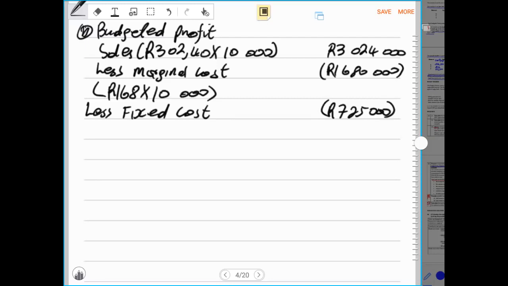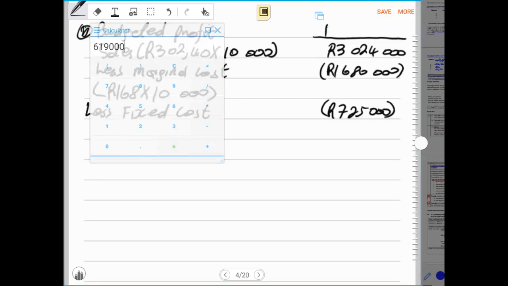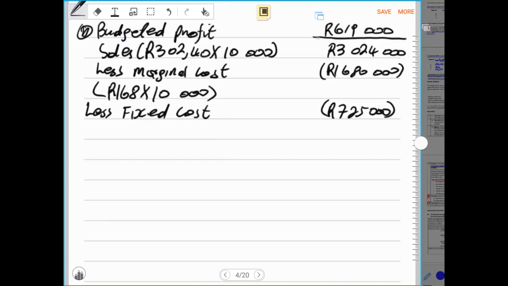So now with all of that, I can get to my budgeted profit, which is 3,024,000 minus 1,680,000 minus 725,000, and this gives me a budgeted profit of 619,000 rands.